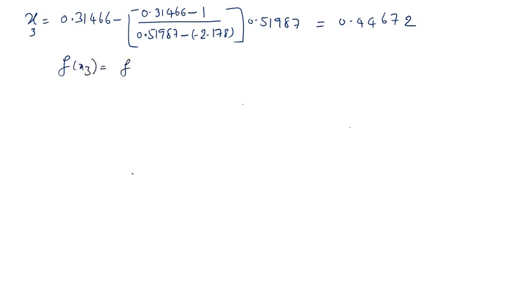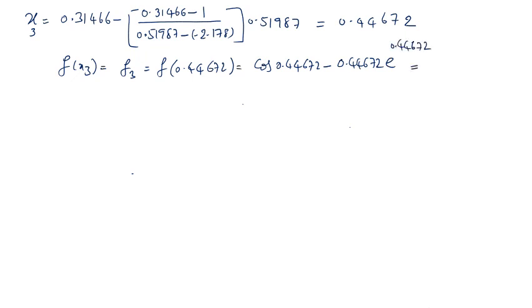Then what is f of x3? f3 is f of 0.44672, which is cosine 0.44672 minus 0.44672 into e to the power of the same value, and this f of x3 value is 0.20354. Now what is x4?